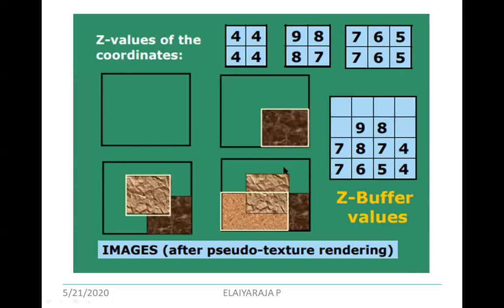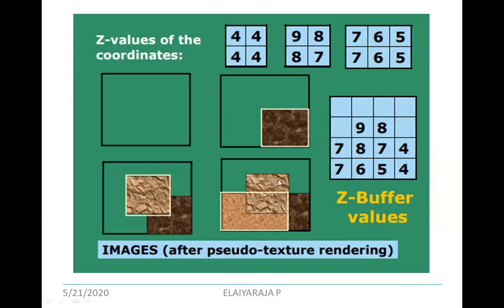Okay, so how will you do this? Suppose initially I have filled with one color; that is how your intensity is stored, the surface color. Initially, the first pixel coordinate value is 4, 4, 4, and this will be stored with one color. Then I move on to the next pixel coordinate values. There your refresh buffer, which means surface color, will be stored like this.